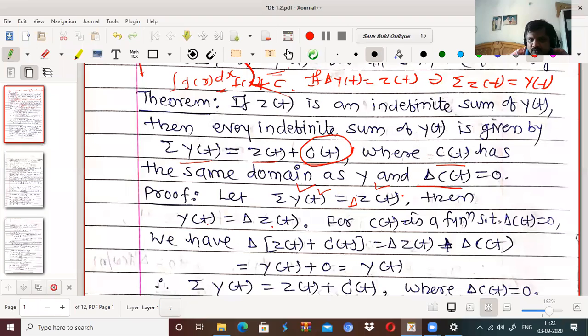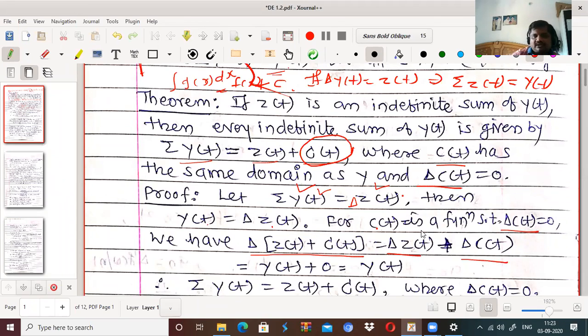So now if we consider any function c of t whose first forward difference is 0, then can we say that delta of zt plus ct is equal to delta of zt plus delta of ct?